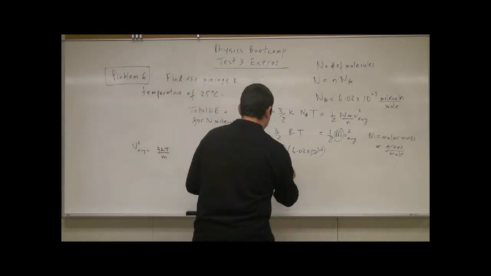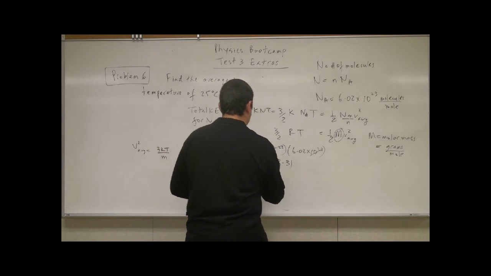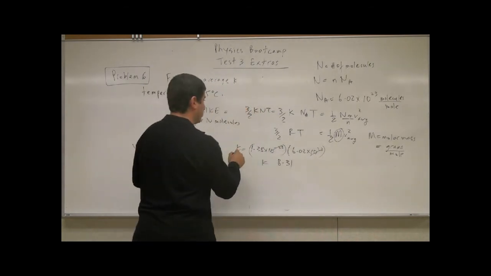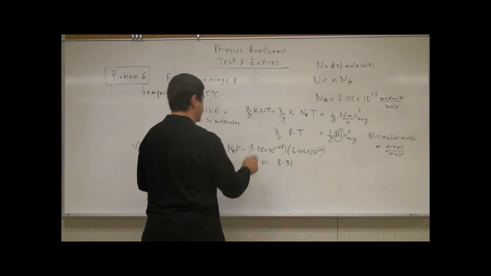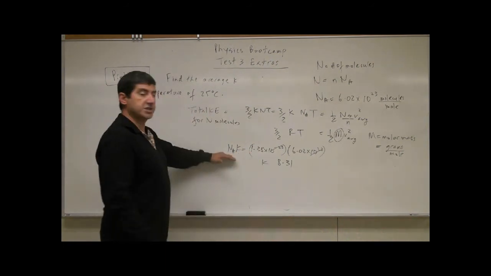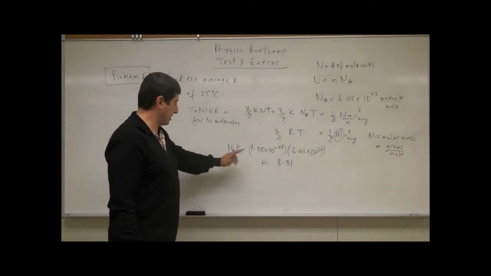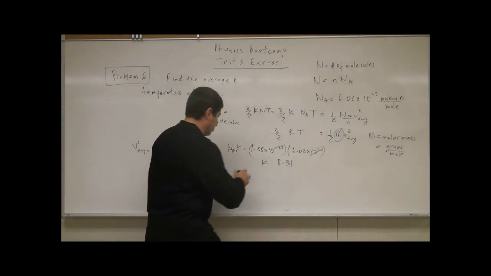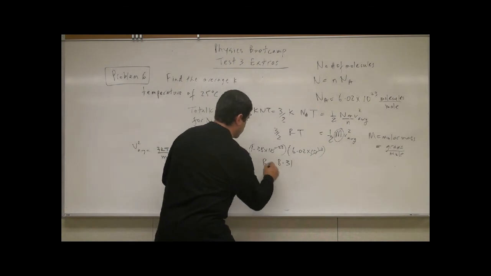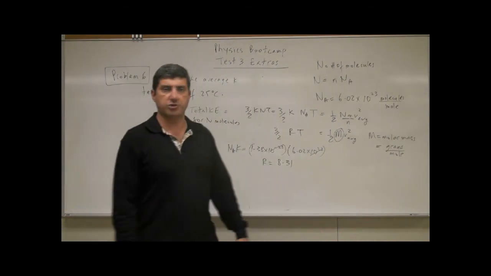That's equal to 8.31. So that's equal to what? Na times K. So Avogadro's constant times Boltzmann's constant, right? Avogadro's number times Boltzmann's constant, that's equal to our gas constant R, which we know as 8.31.